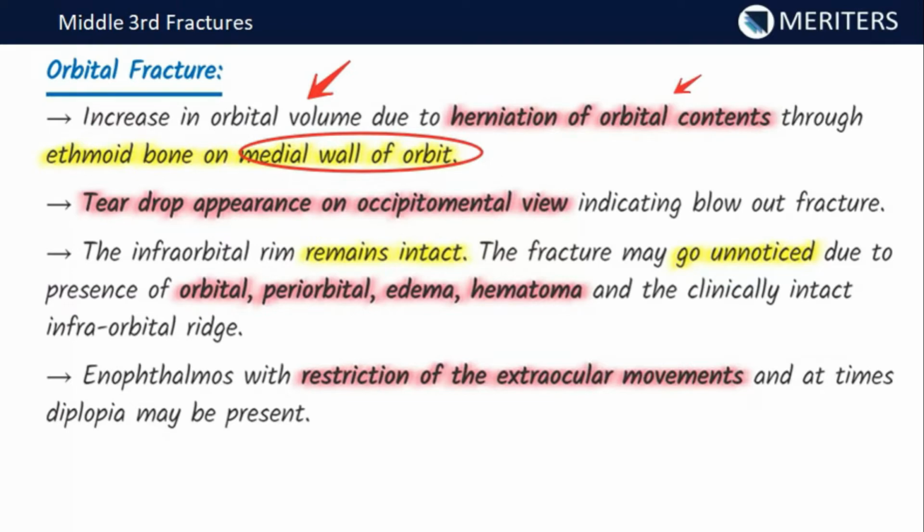If you see this, you will be able to appreciate the teardrops which can be seen on the occipitomental view radiograph indicating blowout fractures. The infraorbital rim sometimes remains intact. The fracture may go unnoticed due to the presence of orbital and periorbital edema, hematoma, and the clinically intact infraorbital ridge.